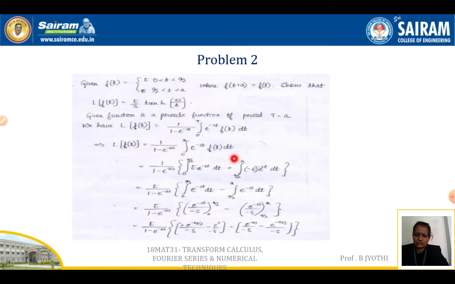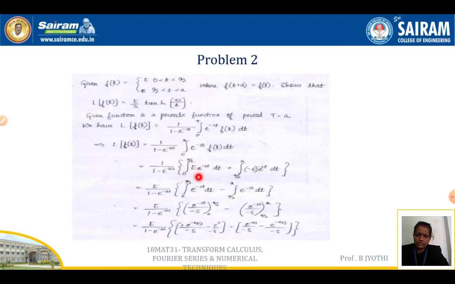Now this period 0 to a is split as 0 to a by 2 and a by 2 to a. When it is 0 to a by 2, the function is e. When it is a by 2 to a, it is minus e. So let us substitute accordingly.